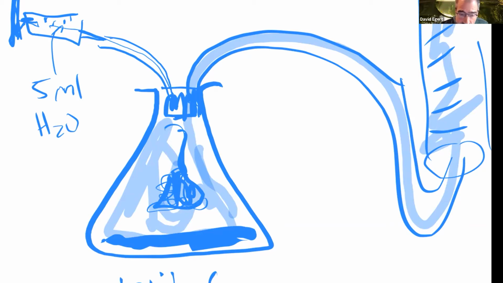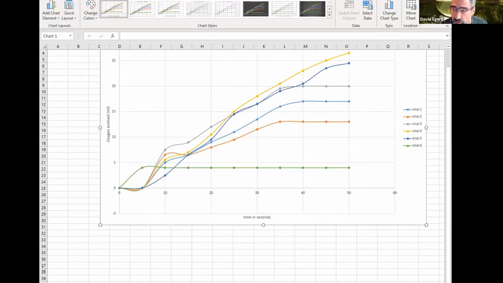So that's important information that you are going to be able to use in both interpreting your data and in your discussion. The fact that we know that the first 5 seconds or so isn't real, there's this weird bubble coming up.